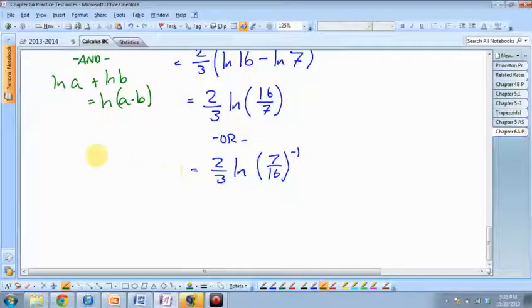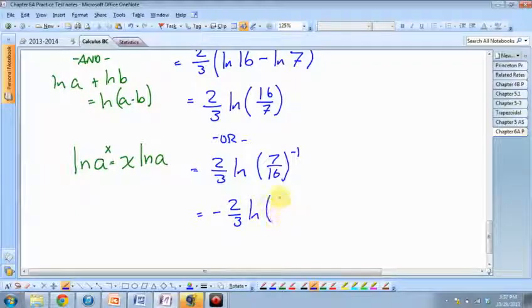And then the rule here is the natural log of a to the x power is equal to x times the natural log of a. So that becomes negative 2/3 natural log of 7 over 16. You've got to be prepared to simplify it if simplification is needed. So one of those two things should be the correct answer.